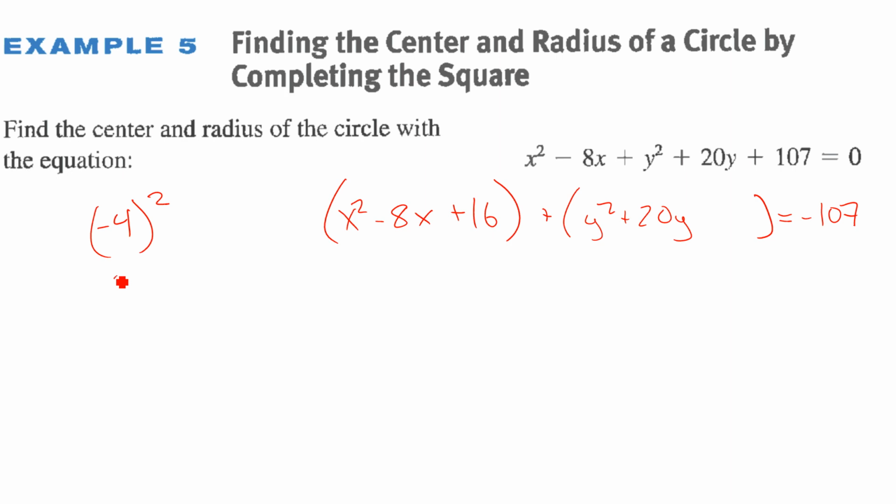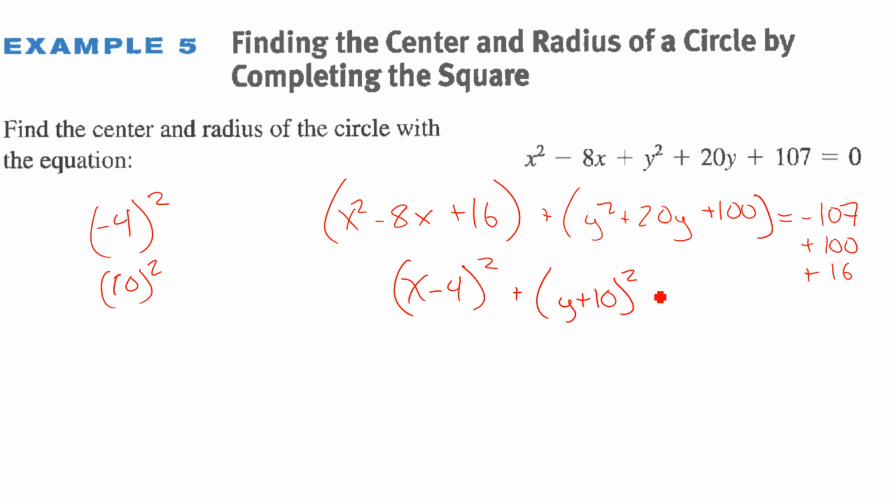Half of 20 is 10. And 10 squared is 100. If we added 100 on one side, we need to add 100 on the other. And if we added 16 on one side, we have to add 16 on the other. This becomes x minus 4 squared plus y plus 10 squared equals 107 taken away from 100 is negative 7.